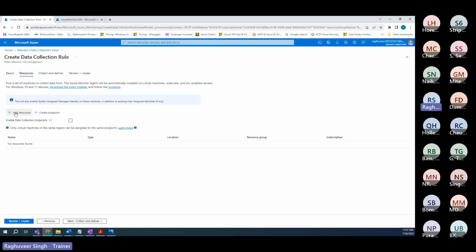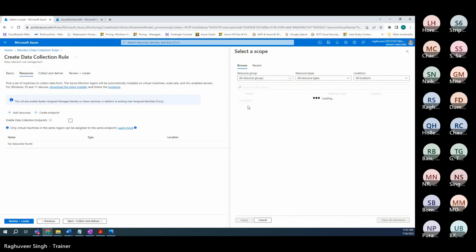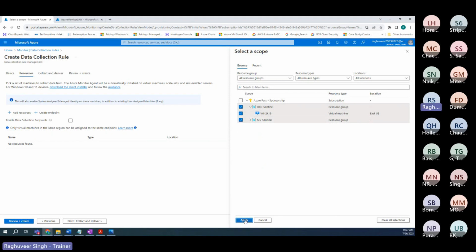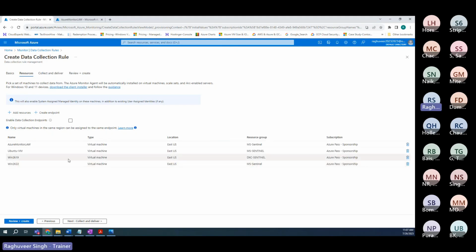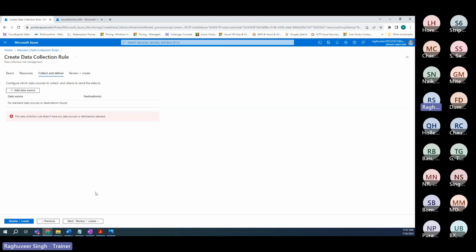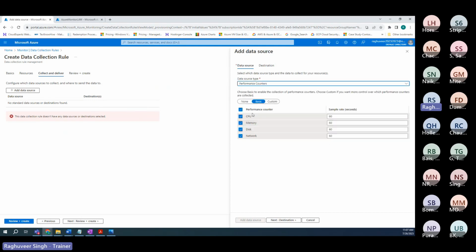Then I'll go to resources here. I'll select my resources. Let's say I've selected this VM and these VMs. Now for these VMs, I want to collect the infrastructure related monitoring data, so I will select performance counters.